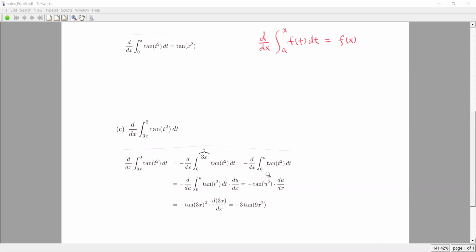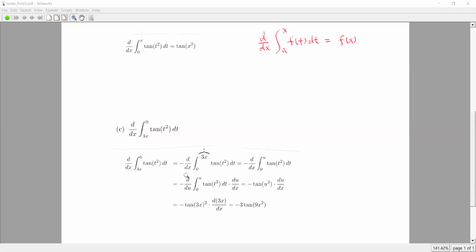To overcome the difficulty, I use the chain rule. I insert du to the denominator and put a du to the numerator and move this dx here. Then this derivative is the product of this derivative and this derivative.